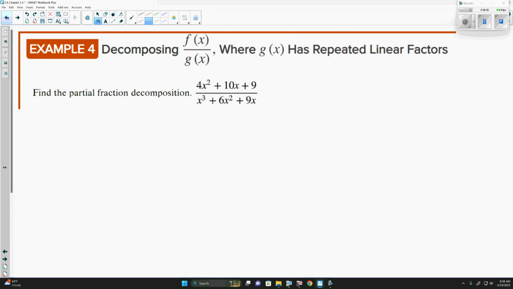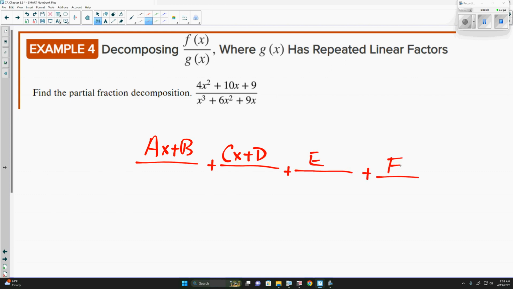Now, some of the more quote-unquote complex ones where we end up getting fractions as ax plus b, plus cx plus d, plus e plus f, and we can have multiple, and we can continue on, or we could have quadratics, ax squared plus bx plus c, and working these together to find out what it is.